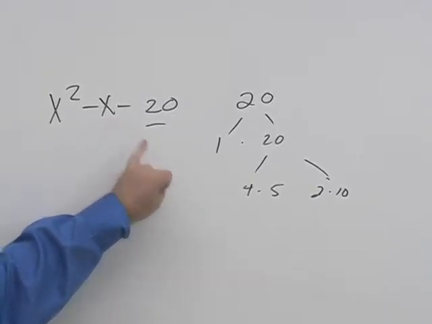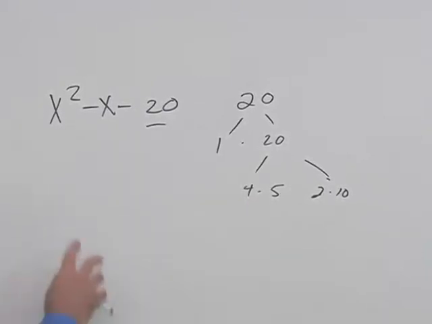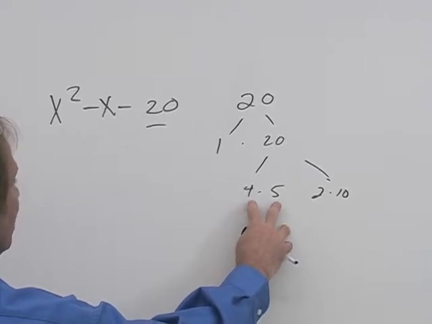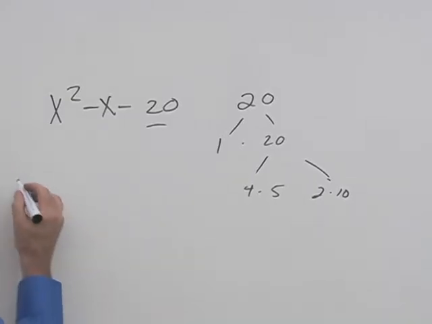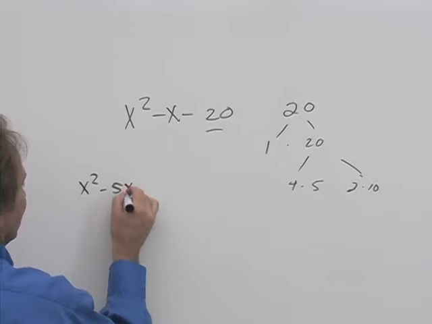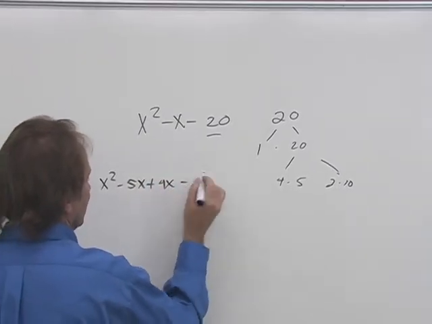And we've got them right here in the 4 and the 5. So we need to put this polynomial back together such that the 4 and the 5 combine to be a negative 1. So I'm going to rewrite this as x squared minus 5x plus 4x minus 20.